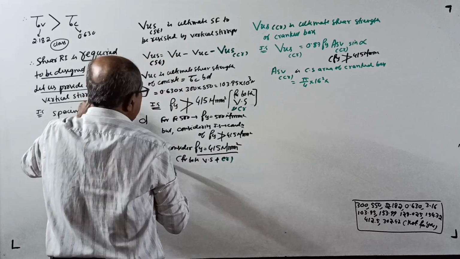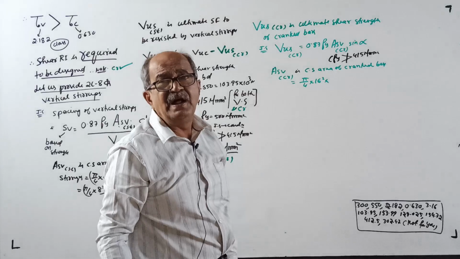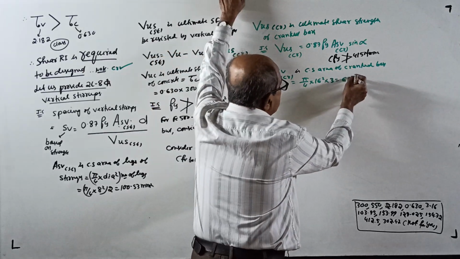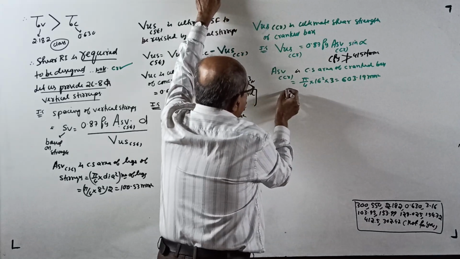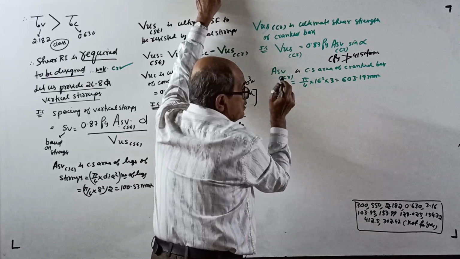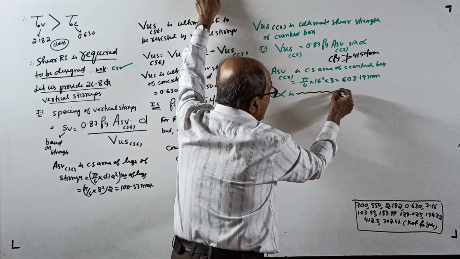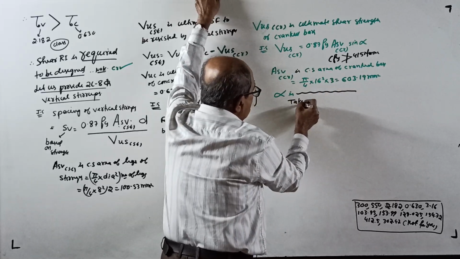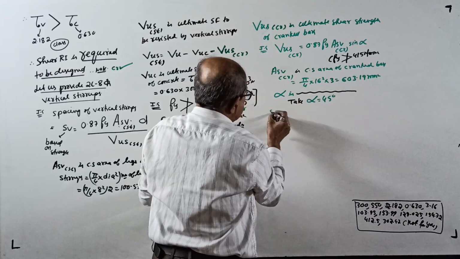Yes, given in the question. 3 bars of 16 torr available, therefore into 3, 603.19 mm square. Alpha is the angle of inclination of cranked bar with axis of the beam. Take alpha equal to 45 degrees in absent data.